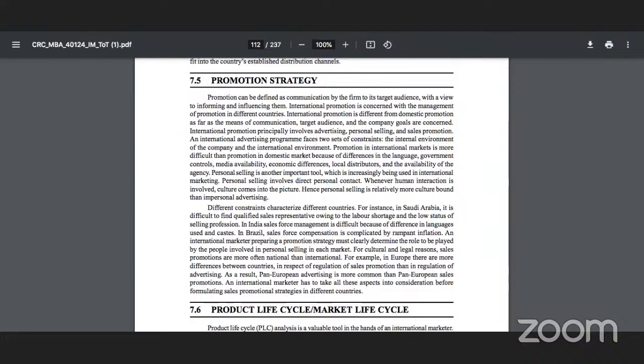Why? Because if we consider the domestic market, there is a lesser difference in terms of language, government controls, media availability, economic differences, local distributors, and the availability of the agency.